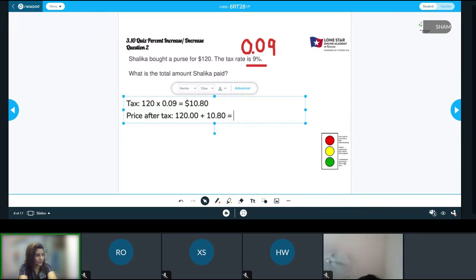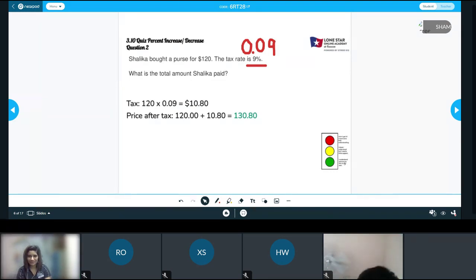How much is the total you guys get? Very good, Joycelyn. That's what I also got. I got $130.80. This is how you can do a text problem. Any questions? We'll go ahead and move on to the next one.